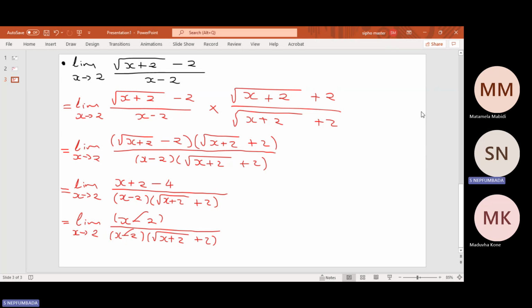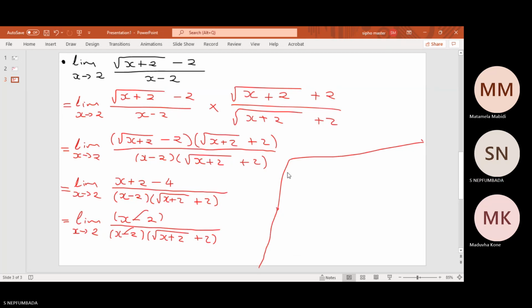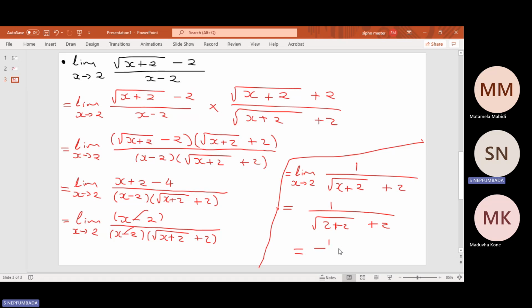Then we're going to be left with nothing but the limit of x approaching 2 of 1 divided by the square root of x plus 2 plus 2. And now our limit can approach 2. This is 1 over square root of 2 plus 2 plus 2. This is nothing but 1 over 4.